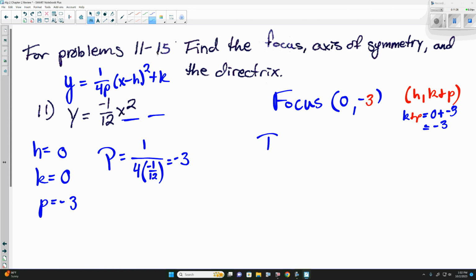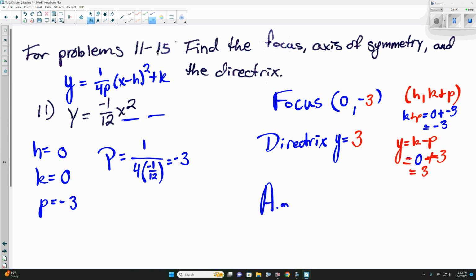Now the next thing we're looking for is the directrix. Because the general form is y equals k minus p. Well, our value of k is 0. Minus negative 3 is indeed 3. And lastly, our axis of symmetry.